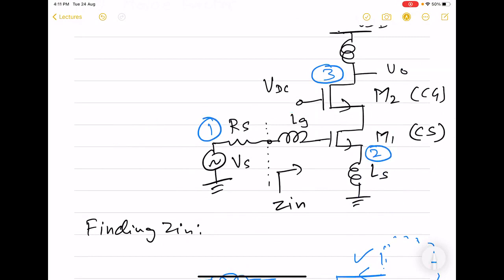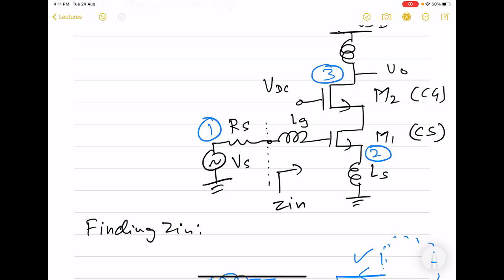And since all these three are physically separate elements, their short-circuited output current and the noise current source are going to be uncorrelated. So the mean square of the total is simply going to be the sum of the mean square of the individual currents from these three elements.